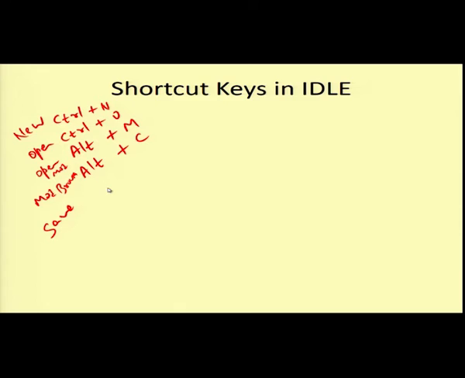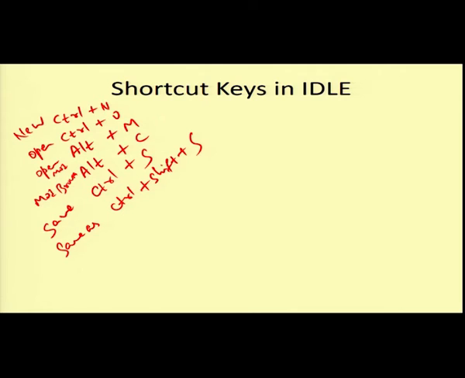If you want to save it, the shortcut key is Control S, and if you want to give save as, the shortcut key is Control Shift and S. Press the Control key, press the Shift key, press the S key.